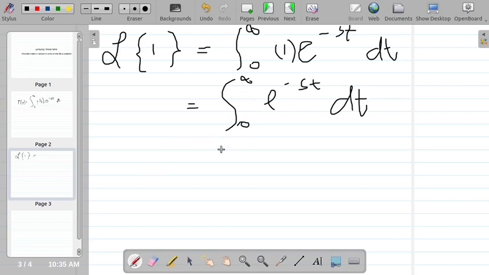So, to solve this equation, we need to let u be negative st. Then, du is negative s dt.